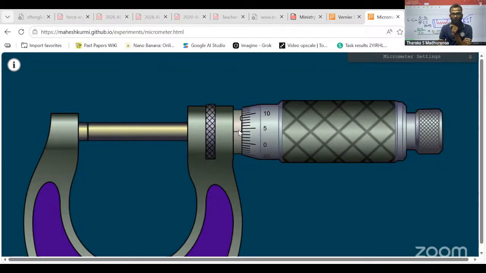How to identify positive zero error? Due to something applied between the anvil and spindle, the circular scale zero stops before reaching the zero.